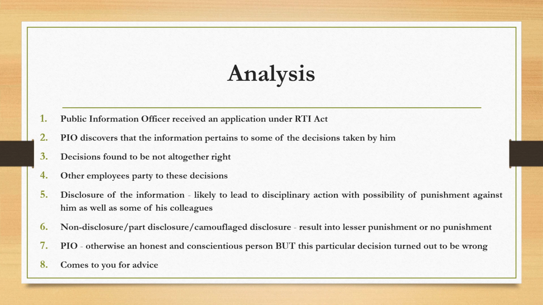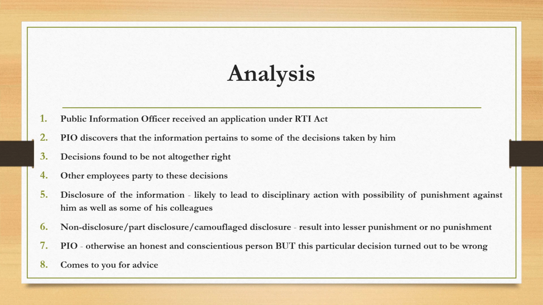So here comes the moral dilemma that these decisions taken by him are under the scanner, right? Then decisions were found to be not altogether right. So the decisions that he has taken were not completely correct, and other employees are party to these decisions. So this particular RTI request has a bearing on other employees as well.